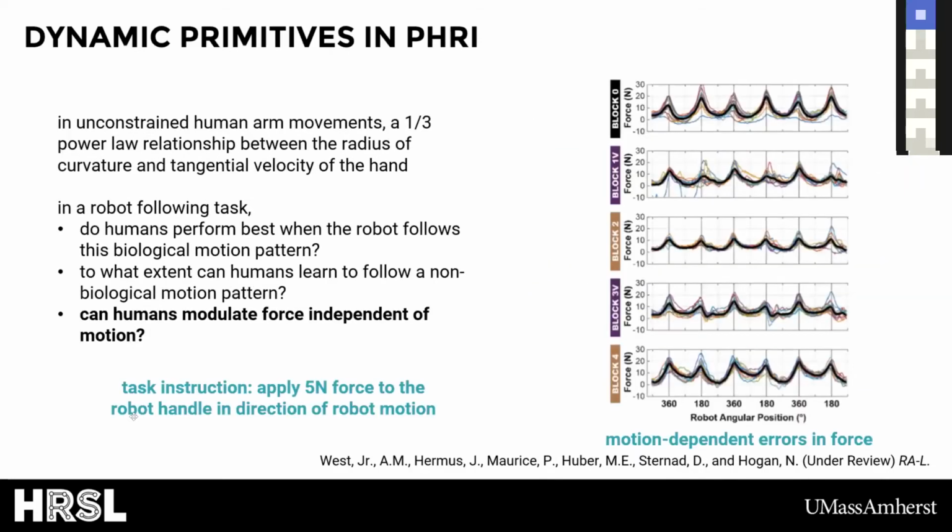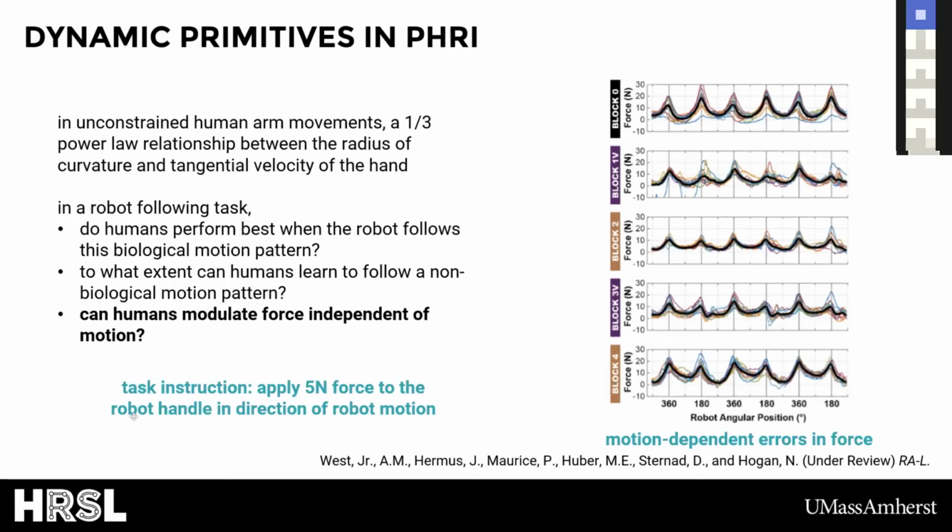This can also be seen in a series of follow-up experiments conducted with a very similar experimental setup, except that instead of applying 0 force to the robot handle, subjects were instructed to apply a constant 5 Newton force to the robot handle in the direction of robot motion.